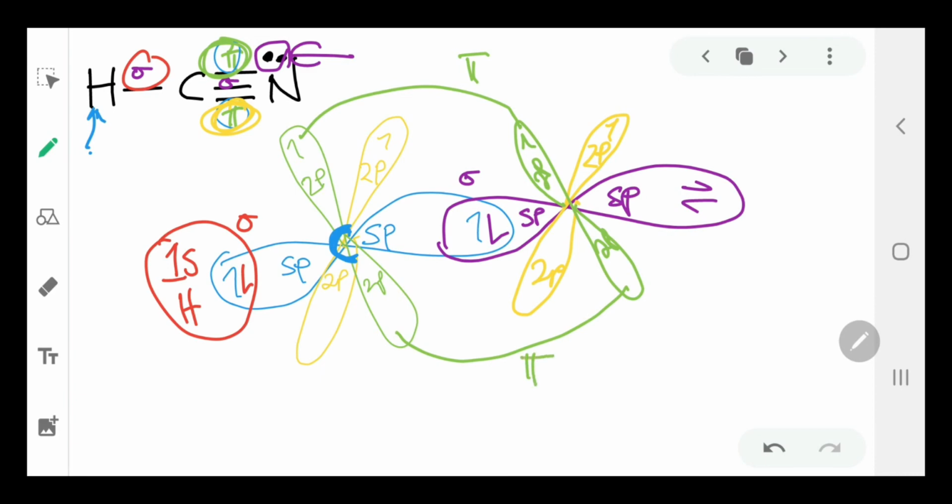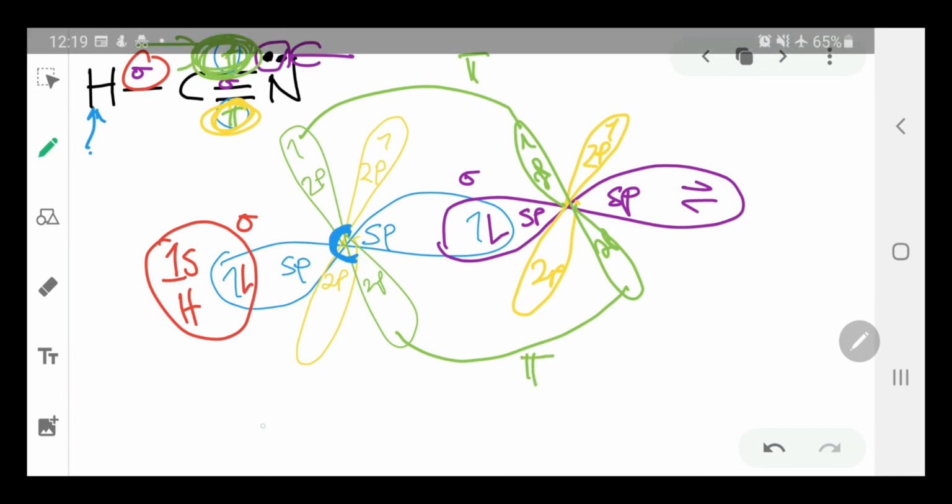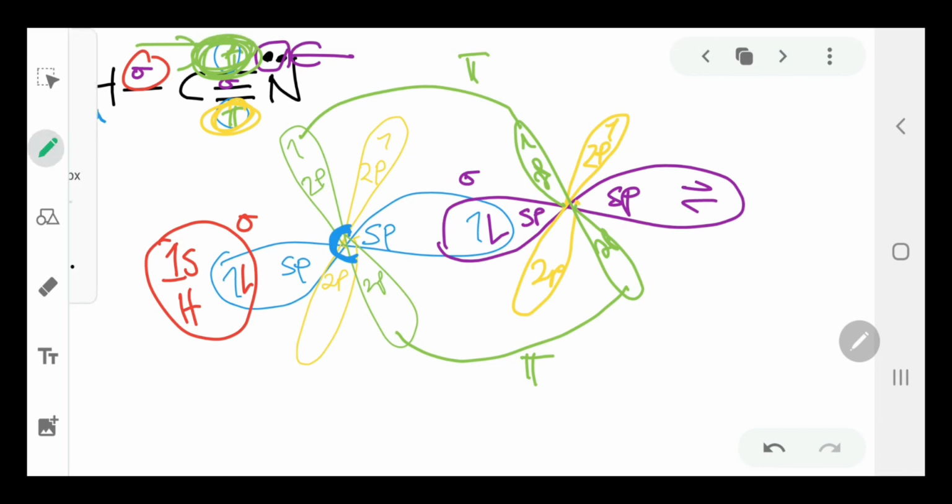So that is for this pi bond. And then you have another overlapping over here. So those are for this pi bond.